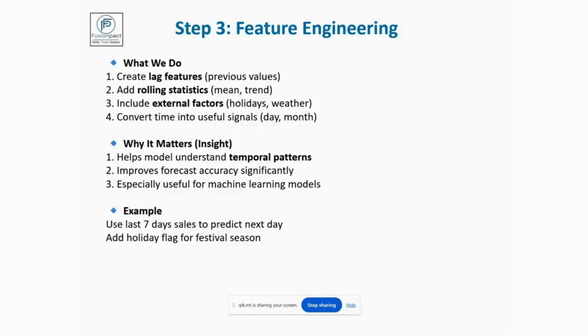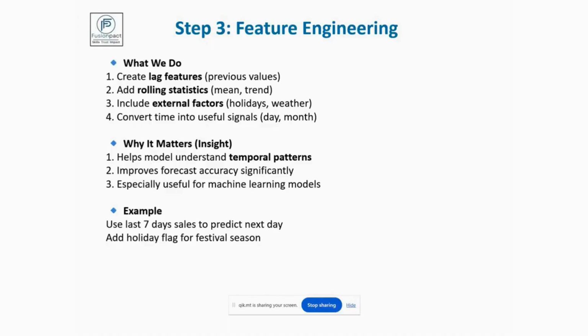Then the third step is feature engineering. After cleaning data, we perform feature engineering. We create lag features, add rolling statistics like moving averages, then include external factors like holidays or weather. We can also convert time into useful signals like days or months.